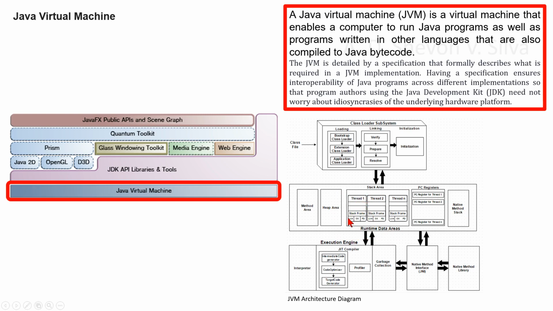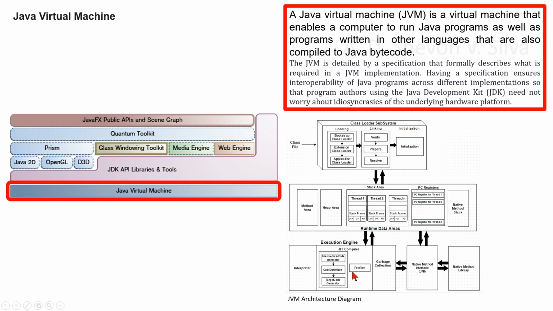In a thread, there are stack frames, with LVA, OS, and frame data. PC register for thread 1, PC register for thread 2, and PC register for thread N are in the PC registers.